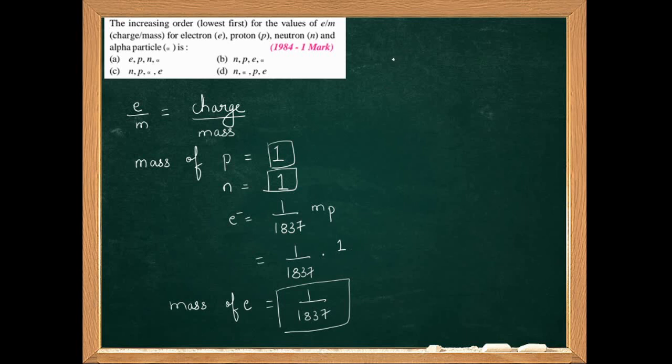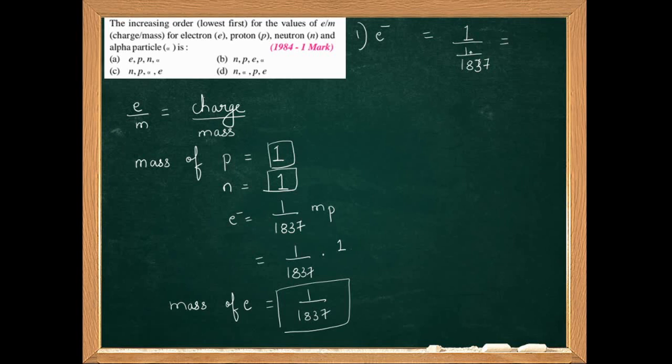Now we find out the values. Let's say the first one is for the electron. For the electron, the charge is equal to 1, and the mass is 1 upon 1837.